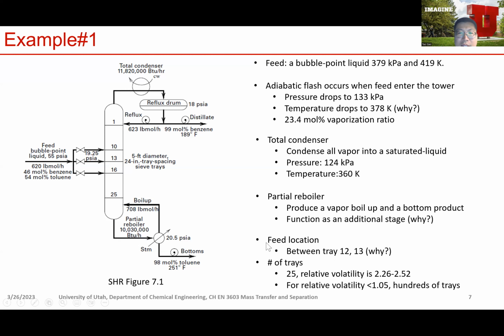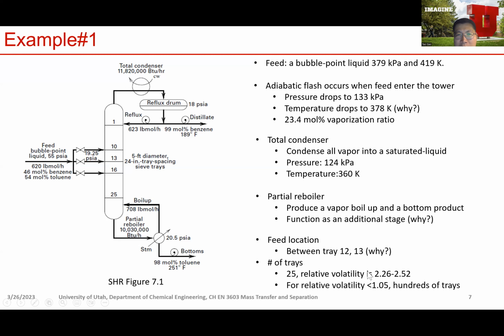In this particular case, we feed this saturated bubble point liquid between tray 12 and 13. Why is that? This is something we're going to talk about later. The feed location is a very important design consideration when we design a distillation column.